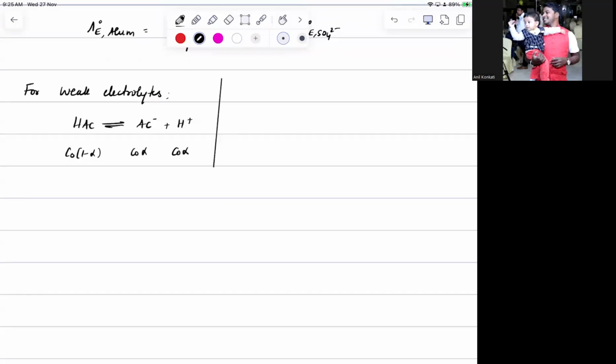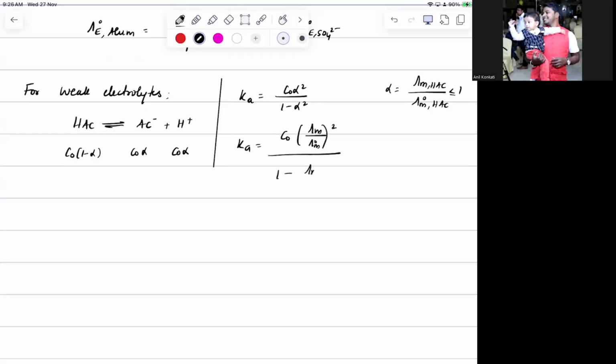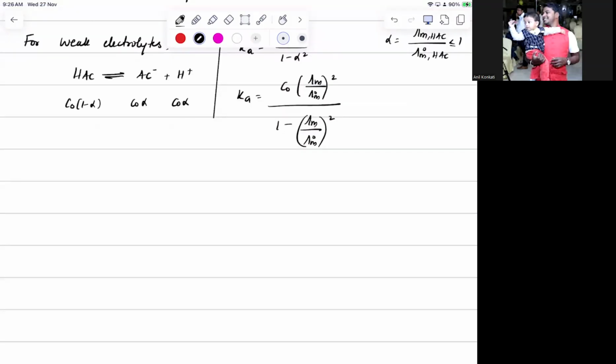From there, I can write the equilibrium constant Ka is equal to C naught alpha square by 1 minus alpha. And alpha is always equal to lambda m of HAc divided by lambda m naught of HAc. It is always less than or equal to 1. Therefore, Ka can be written as C naught into (lambda m by lambda m naught) whole square by 1 minus lambda m by lambda m naught. This formula will always be useful, everybody.